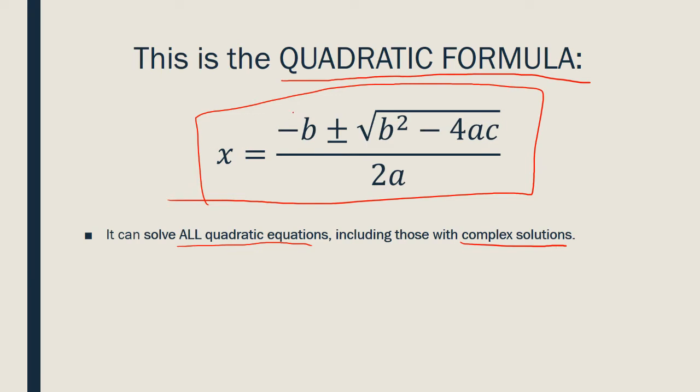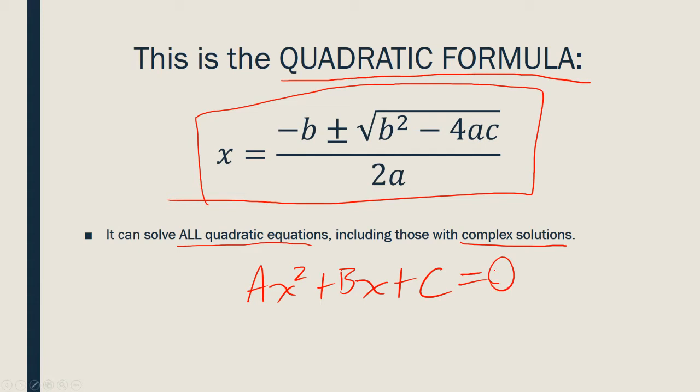It's x equals negative b plus or minus the square root of b squared minus 4ac all over 2a. And that comes from a quadratic function in standard form. So when I have a quadratic function in standard form, it looks like this: ax squared plus bx plus c equals 0.